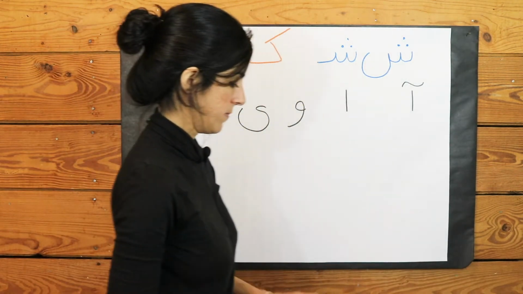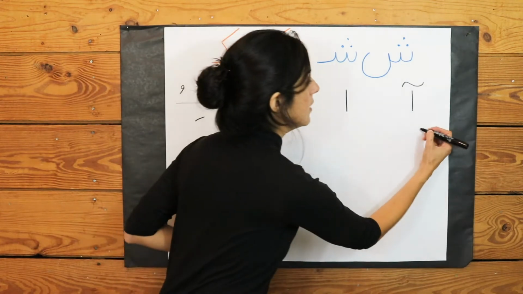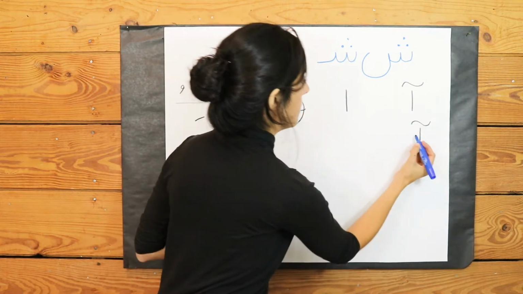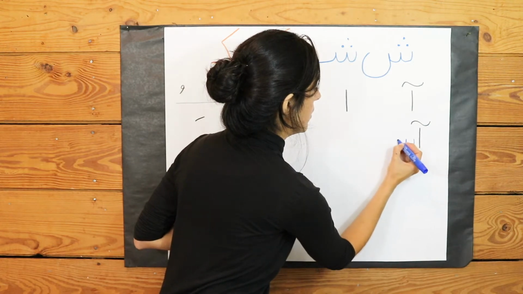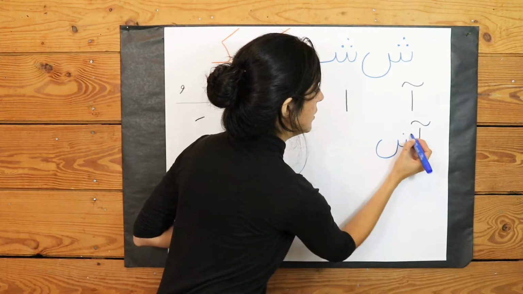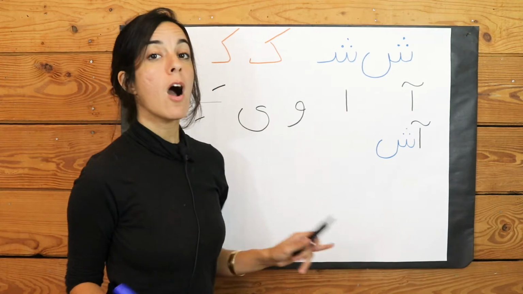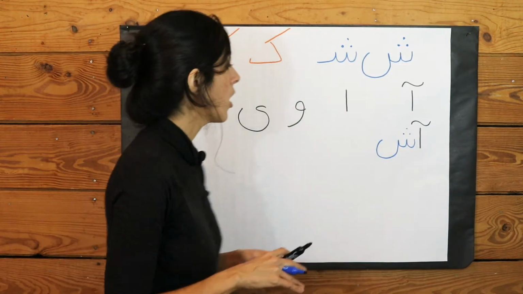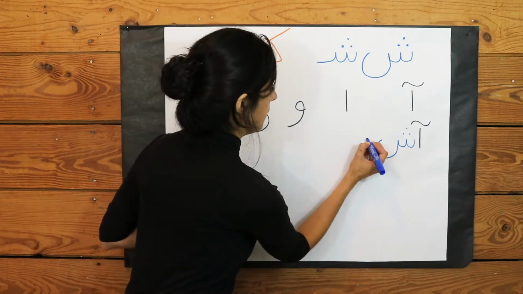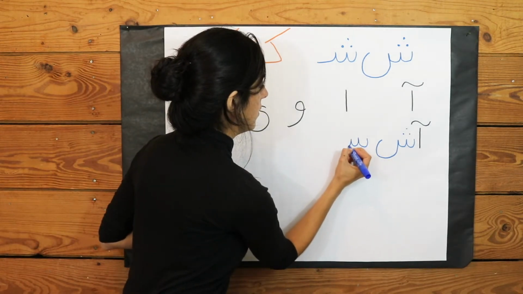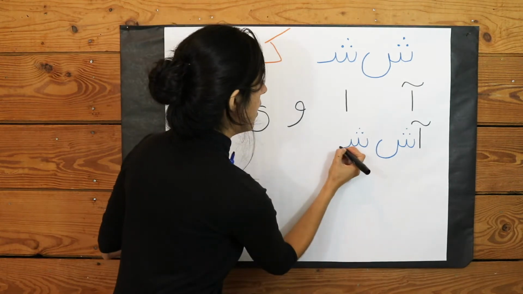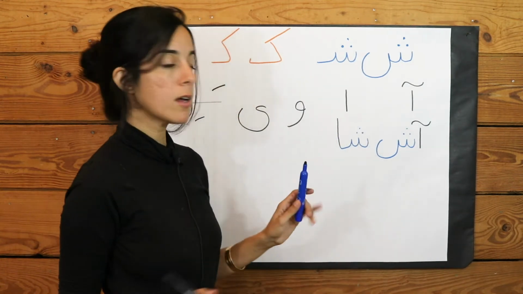So let's go over our first letter. An a with a she after it is ash. So an a bozorg, she bozorg, ash. A she with an a afterwards, sha.